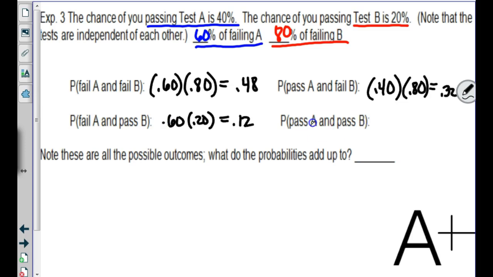All right, and pass A, pass B. Yeah, 0.40 times 0.20. I don't know what just happened to my cursor here. Is that 0.08? Okay, so what do those all add up to?